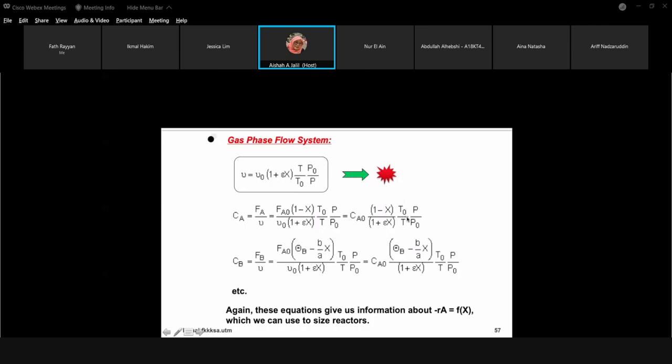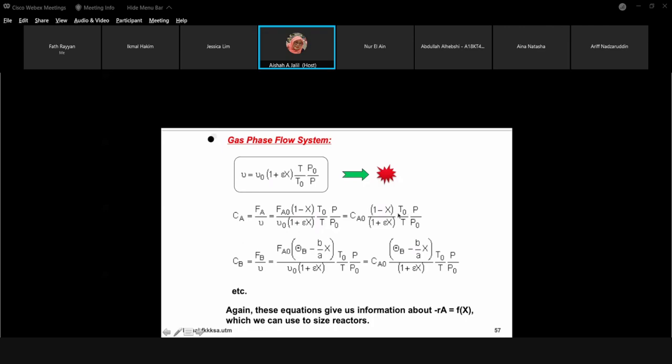Or if the question just gives you one value of T or one value of P, you can also ignore it because there is no change in T or P. So you can minimize it to CA equals CA naught (1 minus X) over (1 plus epsilon X) only.